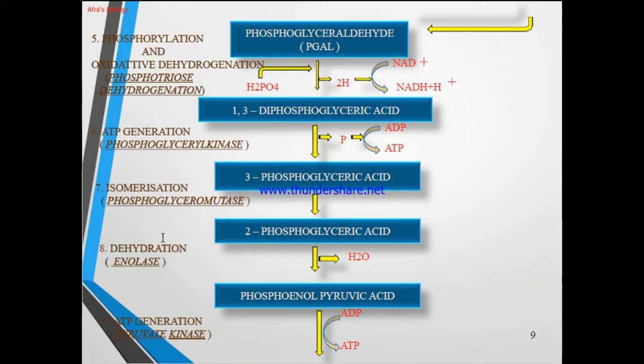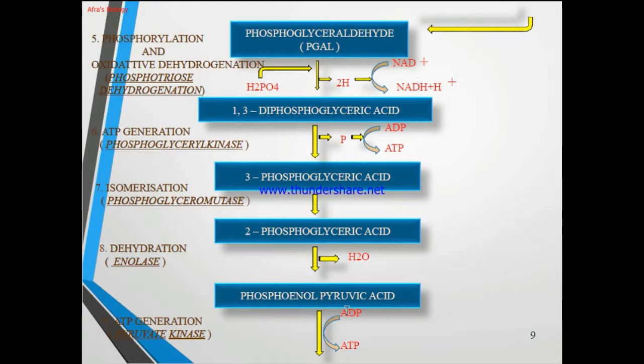The next step is dehydration, not dehydrogenation. It is just the removal of water. The reaction is catalyzed by the enzyme we call enolase. By removing the water, 2-phosphoglyceric acid is converted into phosphoenol pyruvate, which is commonly called PEP.